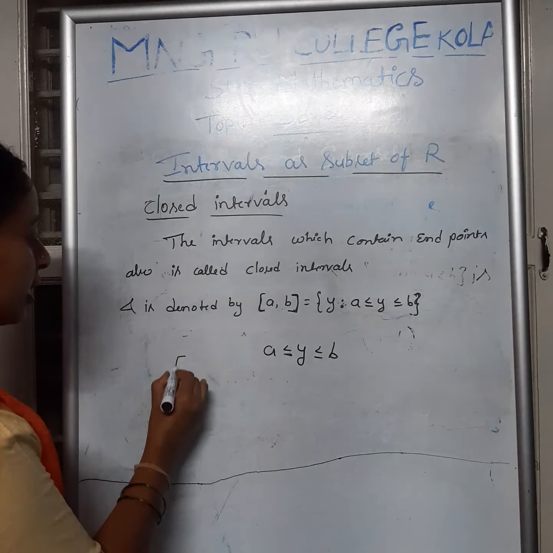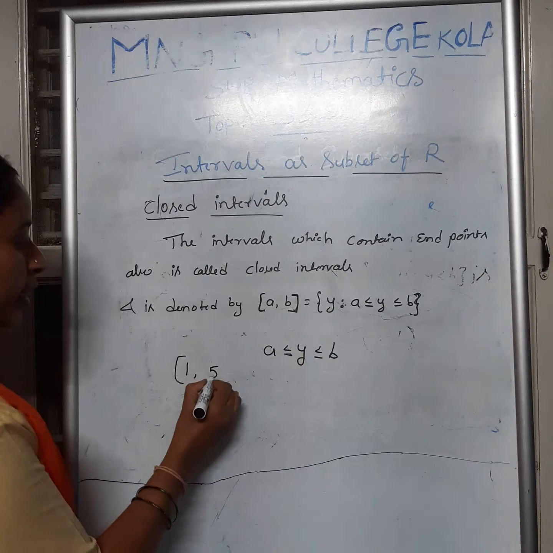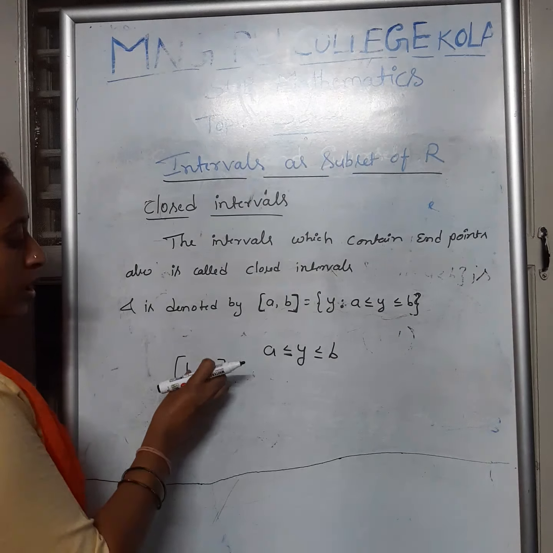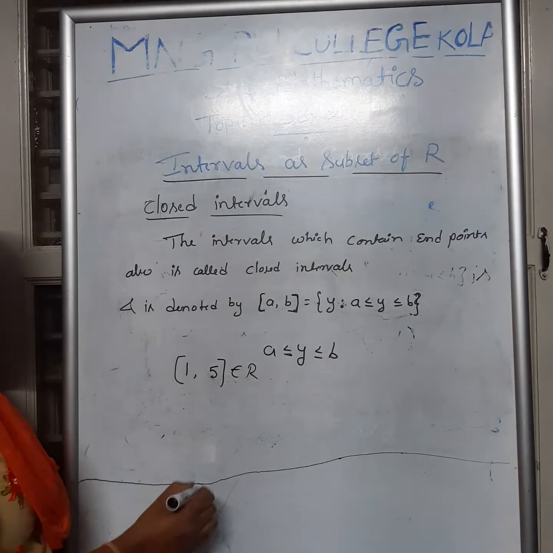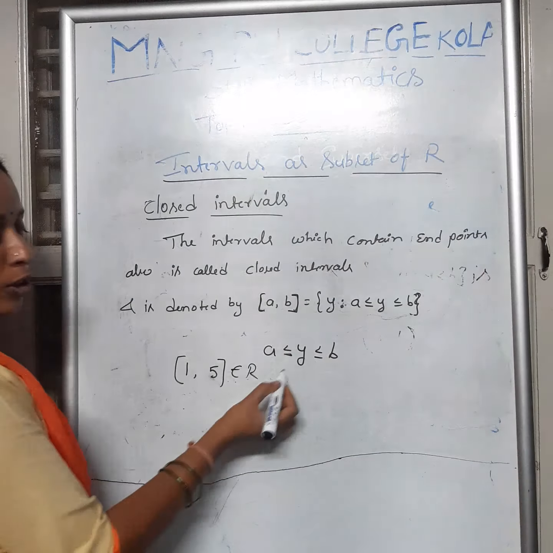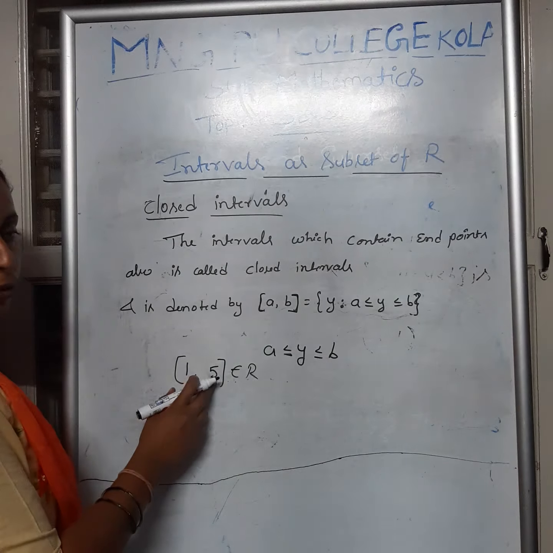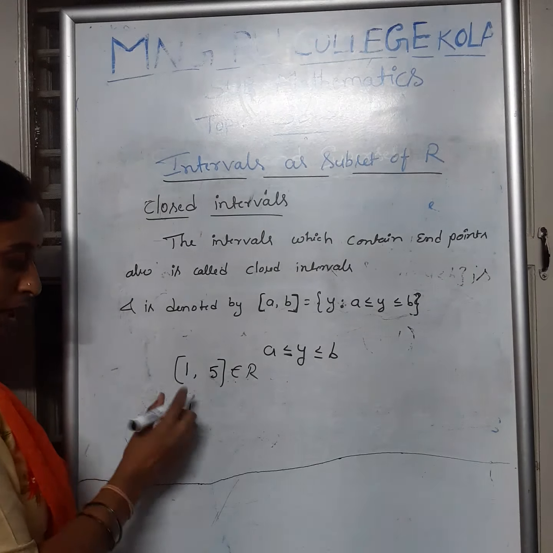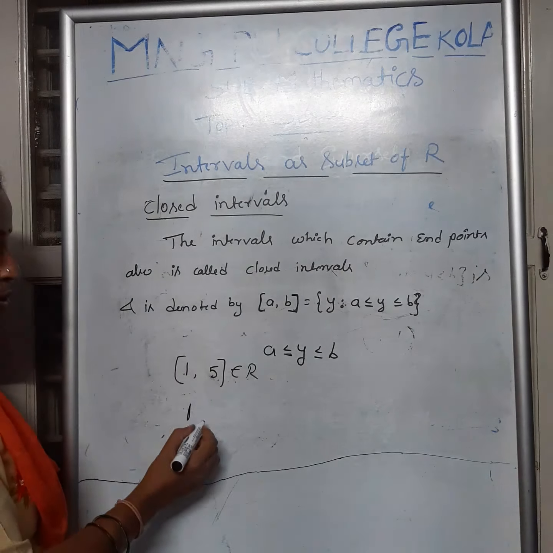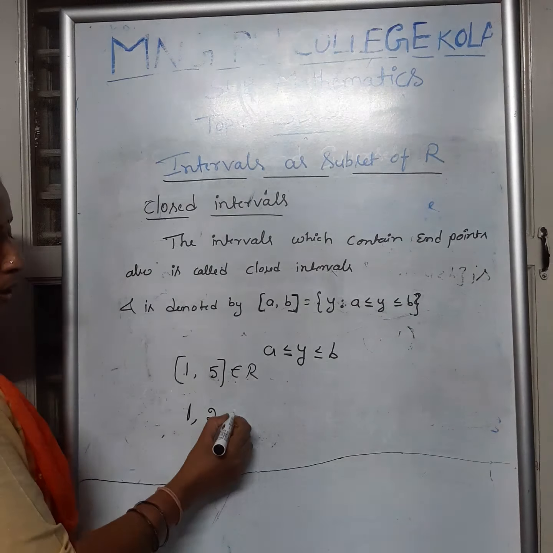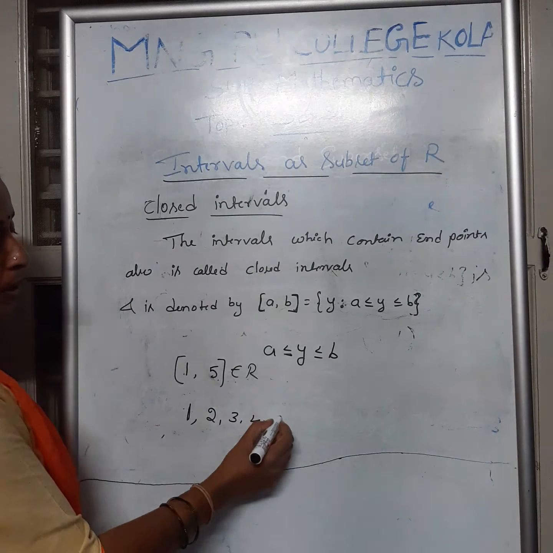Suppose here I take 1, 5. In the middle, from 1 to 5, the y value we should take from 1 to 5. We should consider 1 also, including 1 and including 5 also. 1, 2, 3, 4, 5.